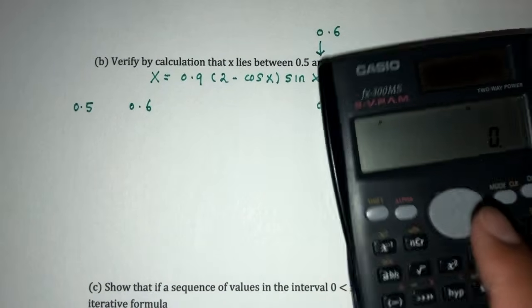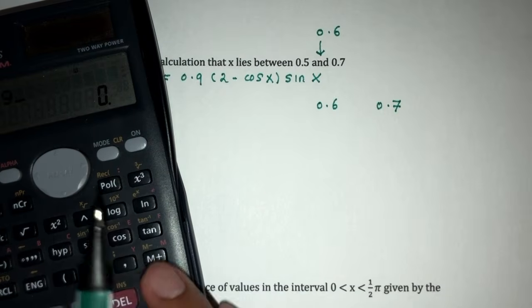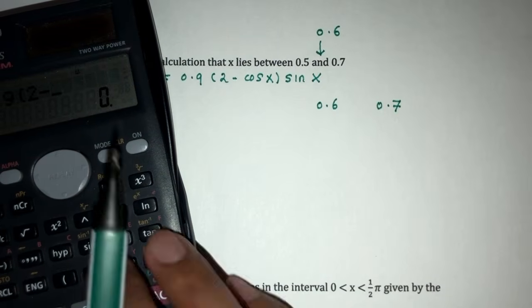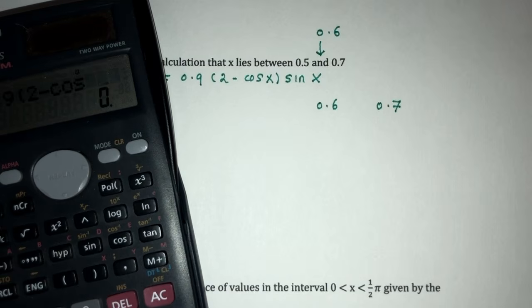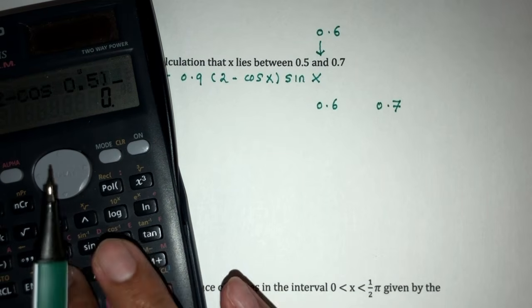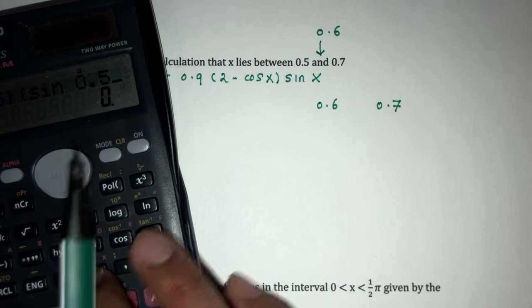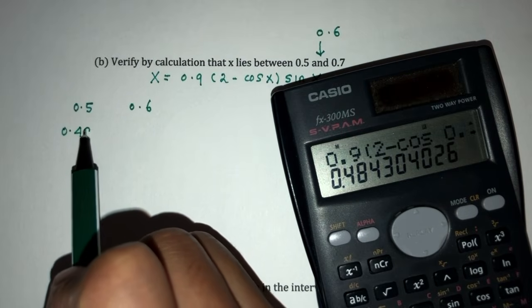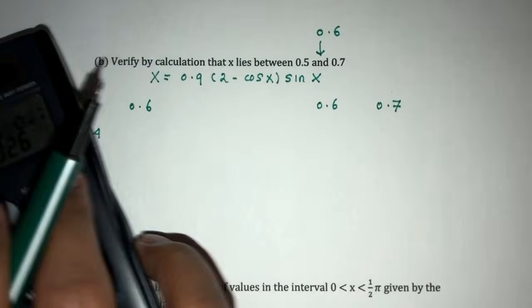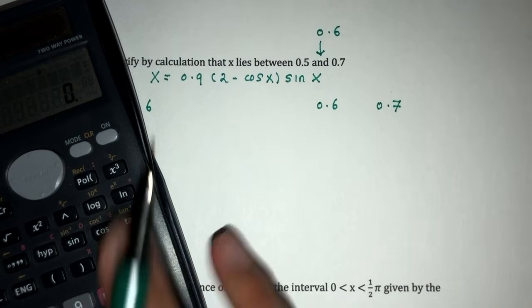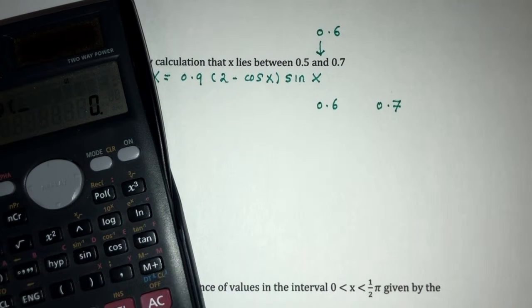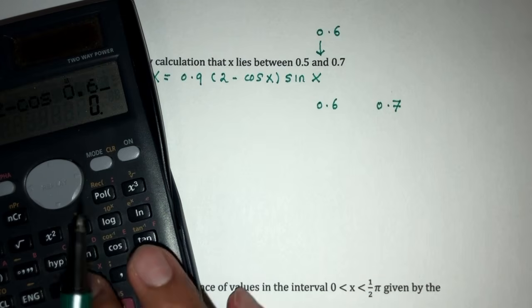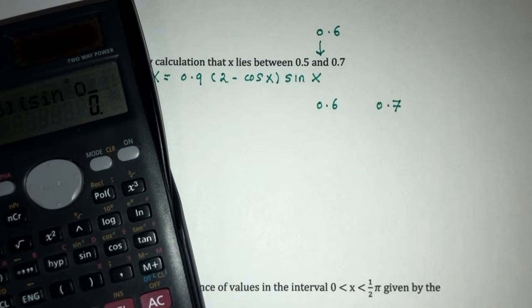When x is equal to 0.5, let's see what we have. 0.9 times 2 minus cos of 0.5 times sine of 0.5. That will be 0.484, okay? And 0.6 will be what? 0.9 times 2 minus cos of 0.6 times sine of 0.6.